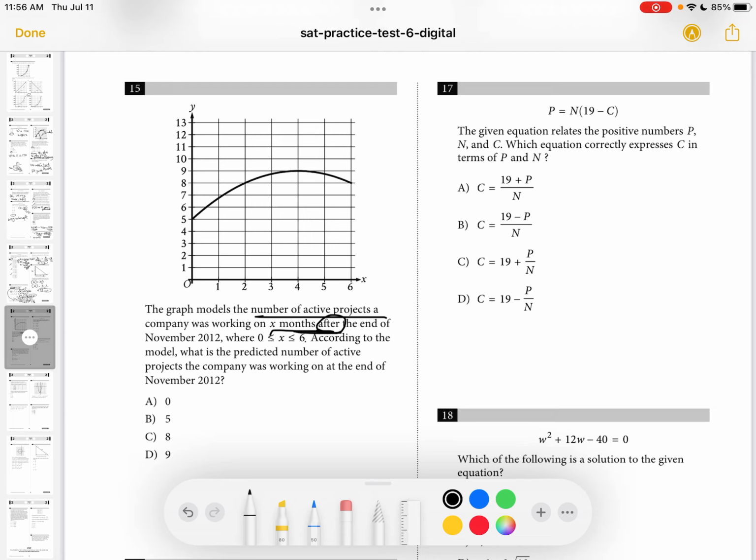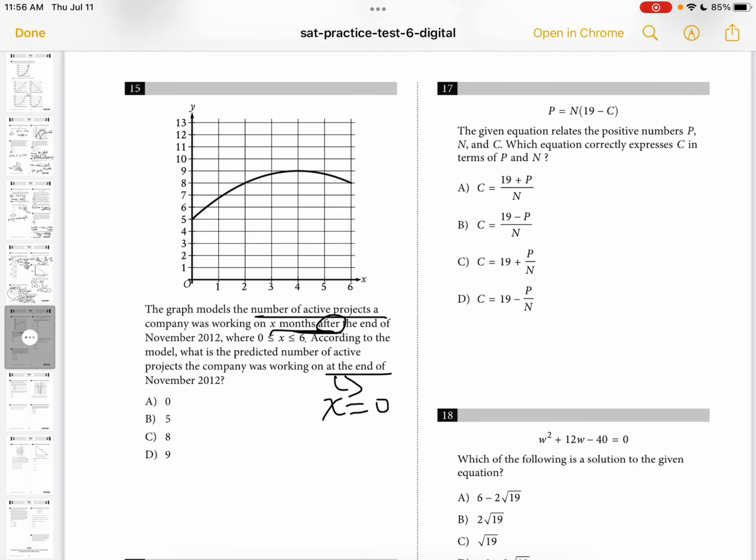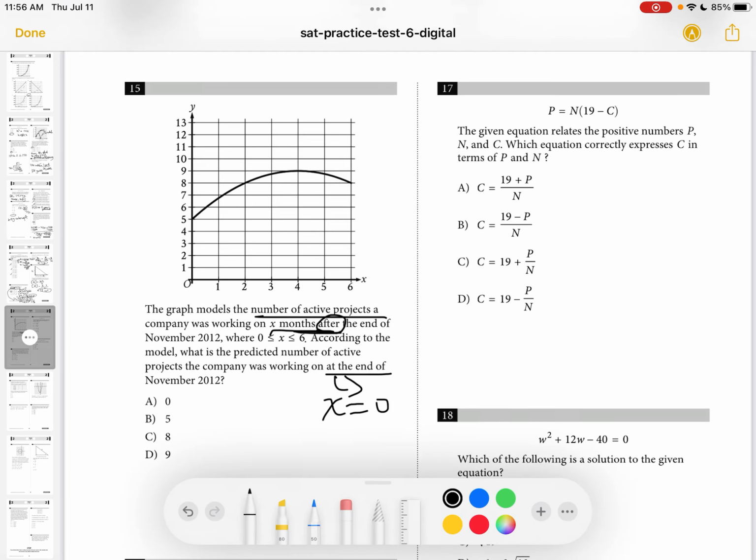And we are asked, based on this model, what do you think the number of projects the company was working on exactly at the end, meaning here X is 0, because we're looking right at the end of November 2012 and not any time after. So we just need to look at X equals 0 on this graph and see what the Y value is. So when x is 0, y is 5. So that's B.